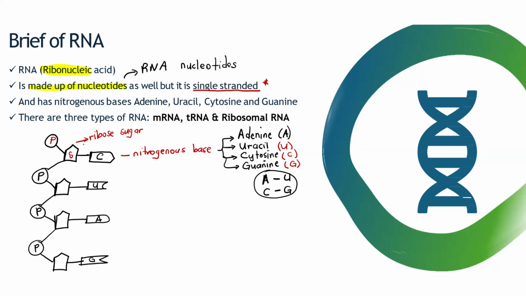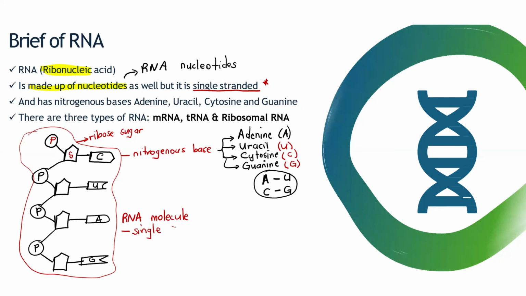This is the strand that we're talking about. This is the RNA strand. So an RNA molecule is only made up of one strand. That's why we say that it is single-stranded. So remember that a strand is just made up of nucleotides that are connected to one another to form a chain.